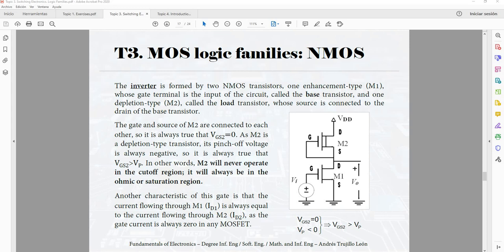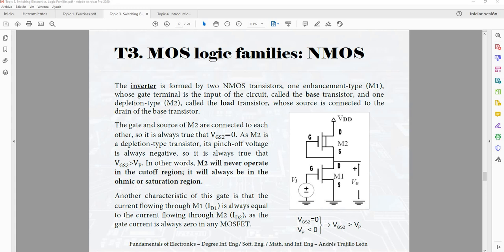I told you that MOSFET transistors are the ones that are used in logic gates and in chips, processors, memories, GPUs, etc. nowadays, because as we saw in the last session, in order to design a logic gate with MOS transistors, in the case of the NMOS family and in the case of the CMOS family, we only need NMOS transistors and we don't need resistors, diodes, etc. as in the previous case of the bipolar transistor families.